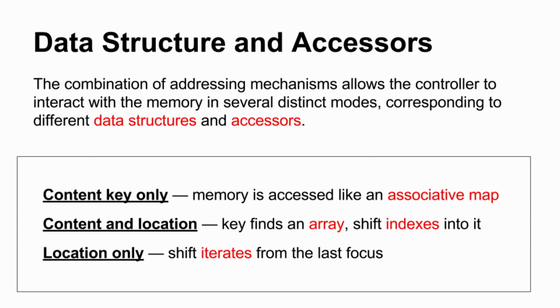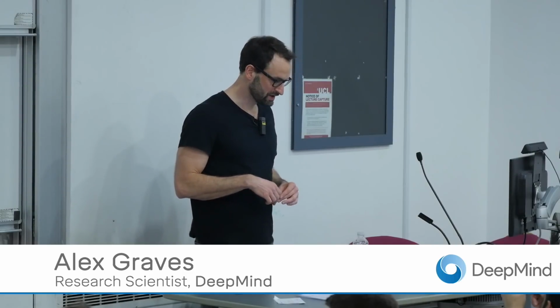But you can define, and people have defined, attention mechanisms where there's a separate key-value pair. So the thing you use to look up isn't the thing you get back. Rather, it's something that is being associated with that thing. If you use some combination of content and location, you can first find the start of an array, and then this location-based shift can give you an offset into the array.